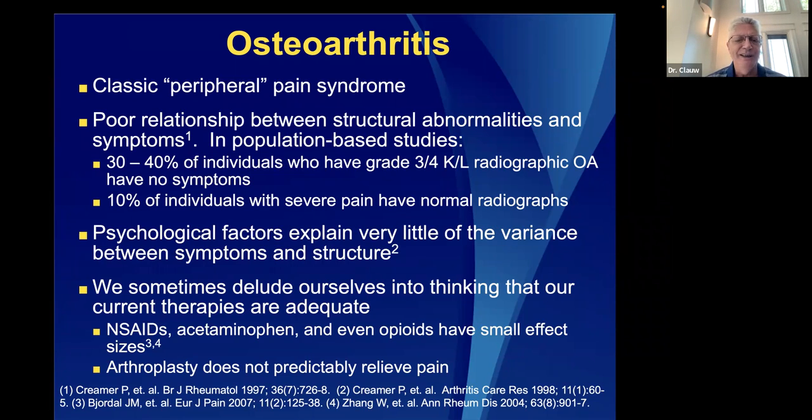And at the end of this slide, I just point out that in the condition osteoarthritis, not only did we get everything wrong about what's going on in the knee joint, for example, not explaining the entirety of what someone with osteoarthritis of the knee experiences, but we overestimated the effectiveness of a lot of our therapies.